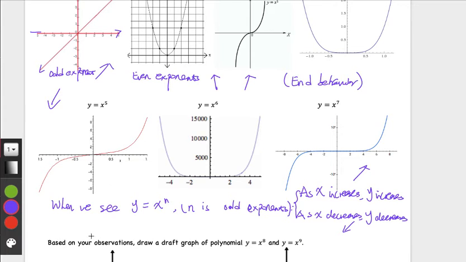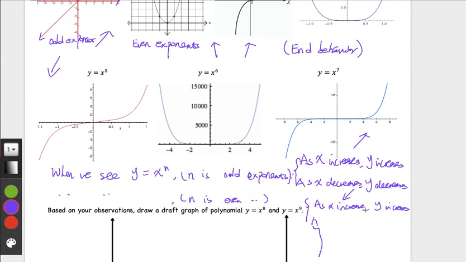We can do exactly the same thing when we see y equals x to the n, but n is an even exponent. This time the conclusion is: as x increases, y increases.